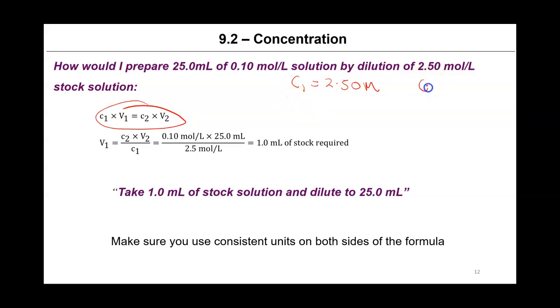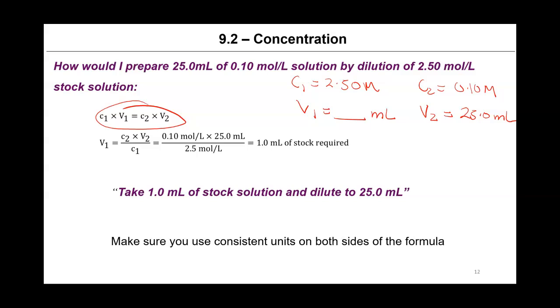The concentration that we're ending with is 0.1 moles per liter. The volume that we're ending with is 25 milliliters, but what we don't know is how much of the stock, how much of solution 1 do we need to take to dilute down to the 25 milliliters.